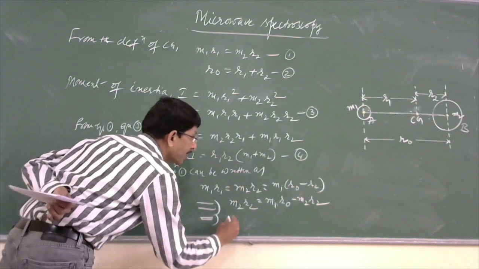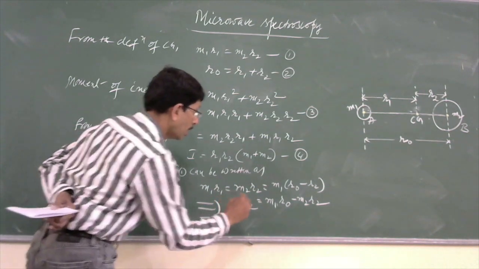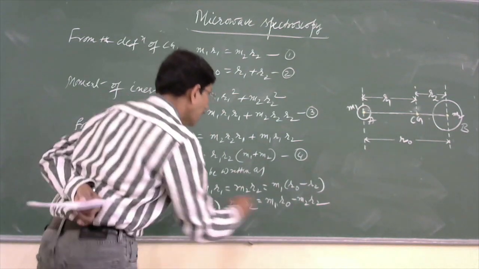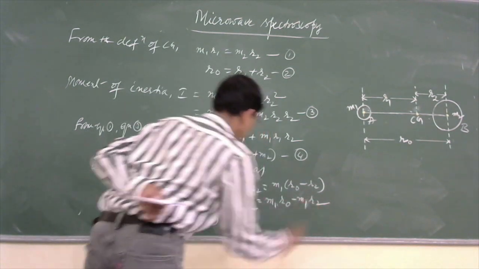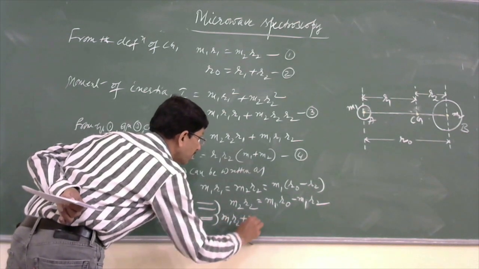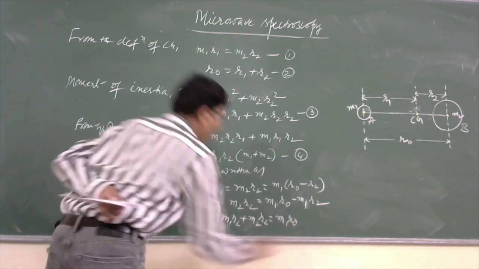So if you rearrange this, we have M1 R2 plus M2 R2 is equal to M1 R0.